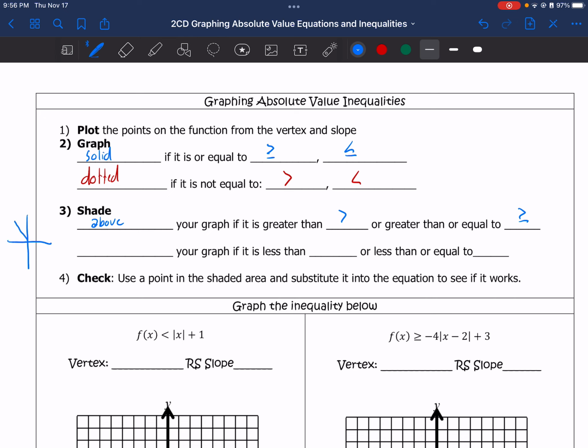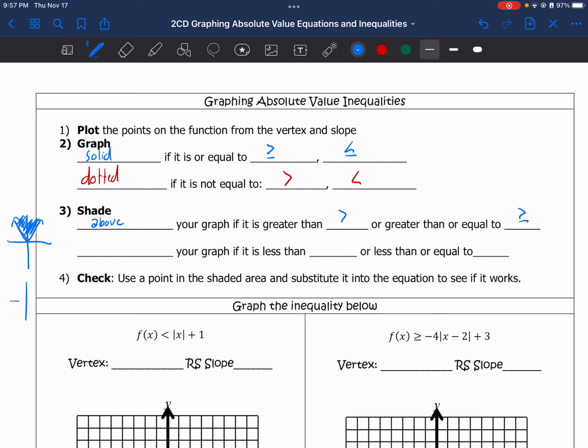If we had a graph that was facing up, we would shade inside our graph, or we'd shade above what our graph is hitting. We're going to shade above our graph. We're not going to shade in this area because this area is technically below our graph. So we are going to shade it blue.